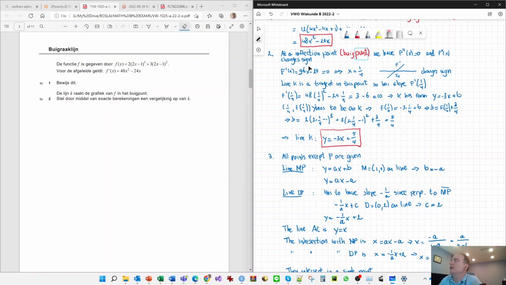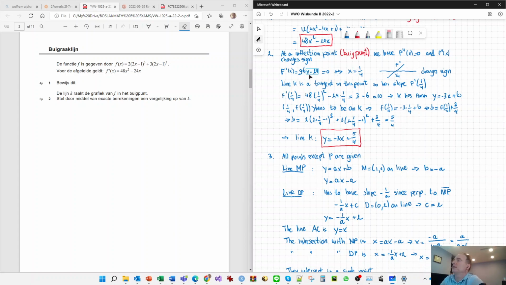So let's calculate the double derivative, which means taking the derivative of the derivative, and again you need to take the derivative of x squared here and of x here, so you get 2 times 48 here, minus 24 times 1, and we want to set that equal to 0 and solve for x, and we find x is equal to 1/4.